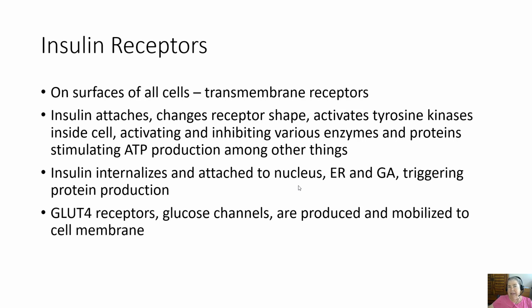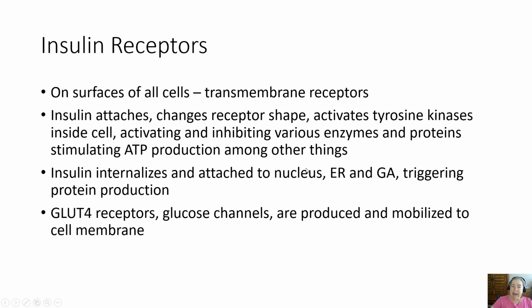And that tends to trigger ATP production along with other things like protein manufacturing. There are insulin receptors on the nucleus, on the endoplasmic reticulum, and the Golgi apparatus as well.